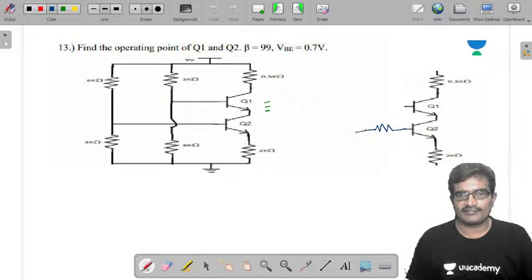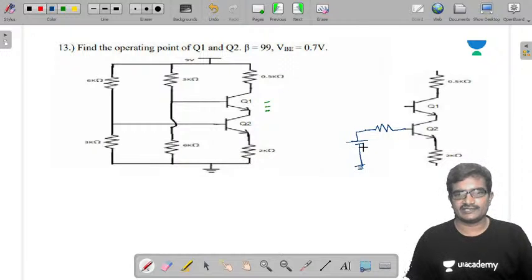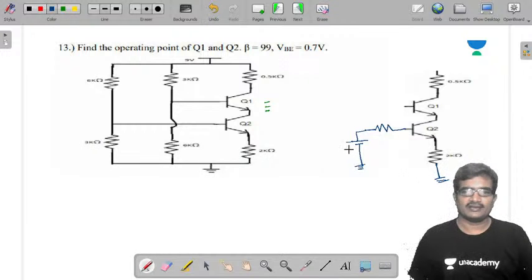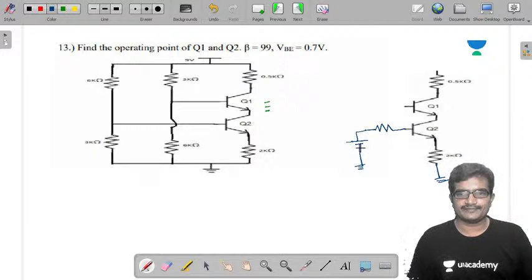This is RB, this is VBB2, connected to ground, and it is RB2.